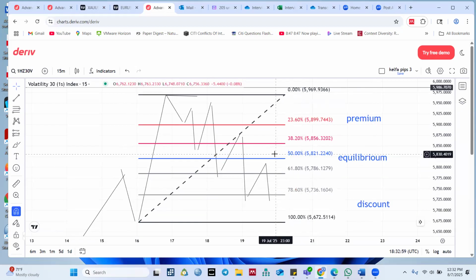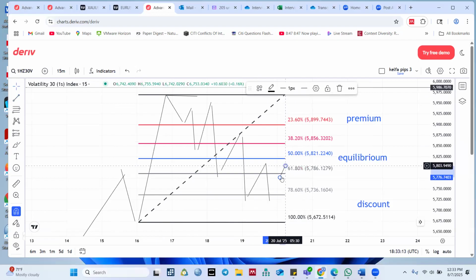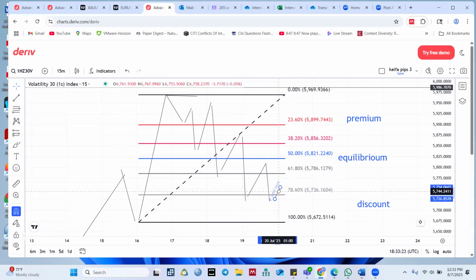So once price trades below the equilibrium in this swing range, below 50%, we start looking for buys. Let's see, price has traded into 61.8%, it traded into 76.8%. So within this area, what do you do?